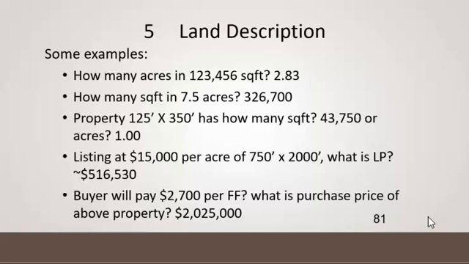You end up with, at least hopefully, get what I got, $516,530. That's the listing price of the property they just gave you. Very common real world problem.